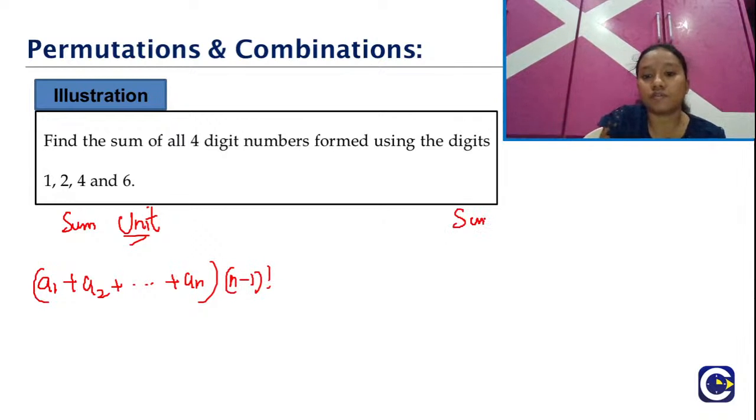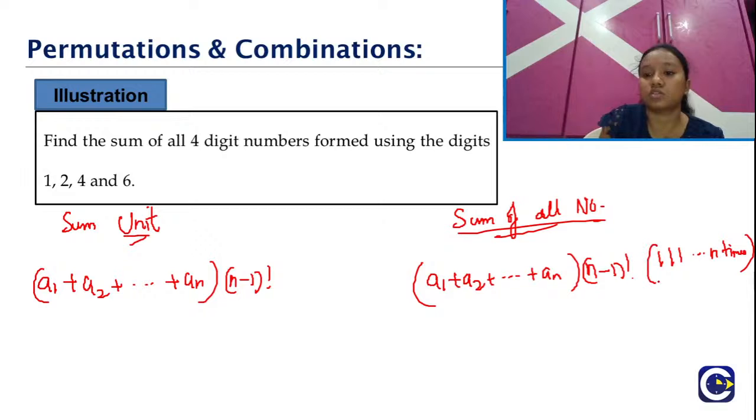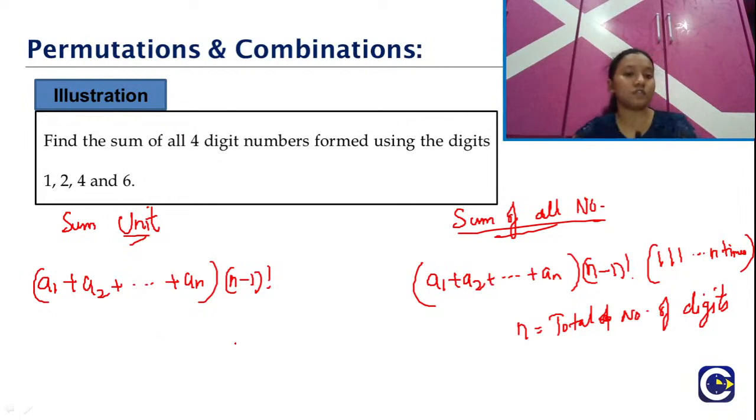Whereas the sum of all numbers, so here not digits, it's the numbers, is given by a1 plus a2 plus and so on an into n minus 1 factorial into 1, 1, 1 will be n times. So n will be the total number of digits given. So this is our concept of sum of numbers.